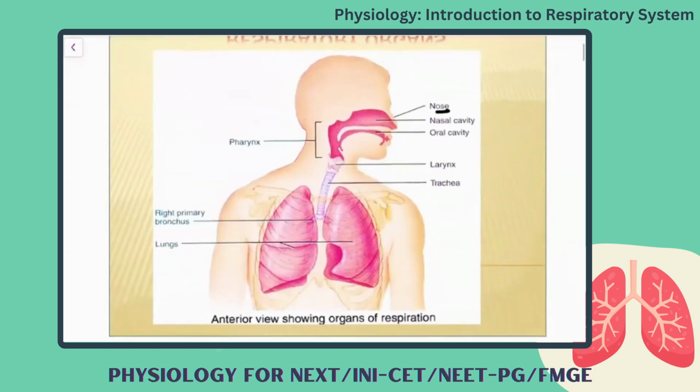From the nose, air enters the pharynx, larynx, trachea, and the trachea divides into the right and the left bronchus, entering the respective lungs. Inside the lungs, the bronchus undergoes various divisions. What kind of divisions take place? We will see it one by one.